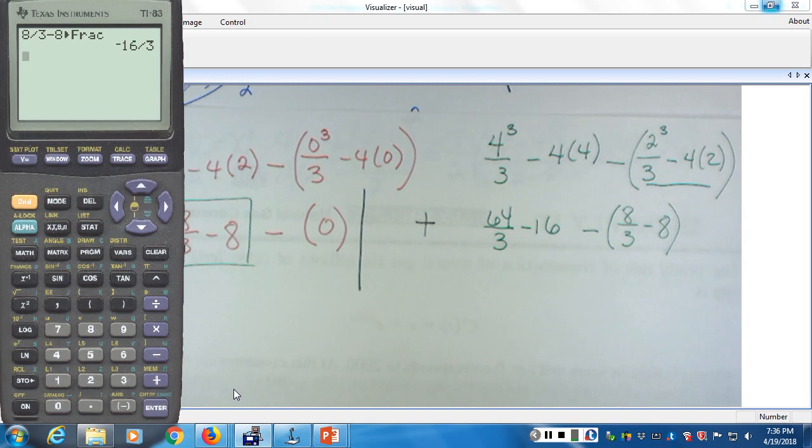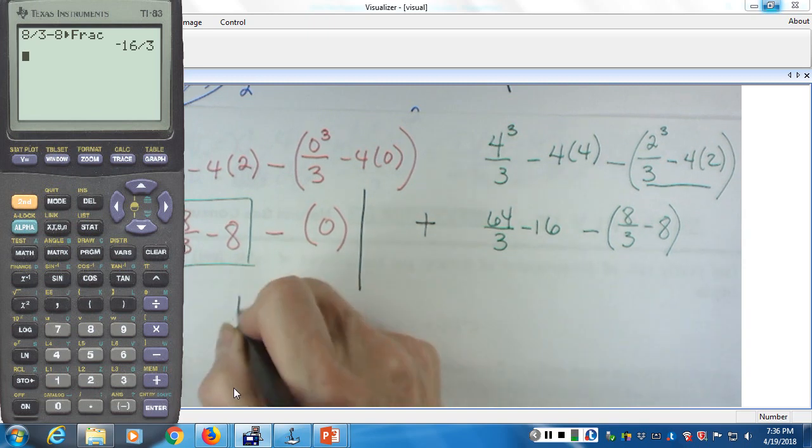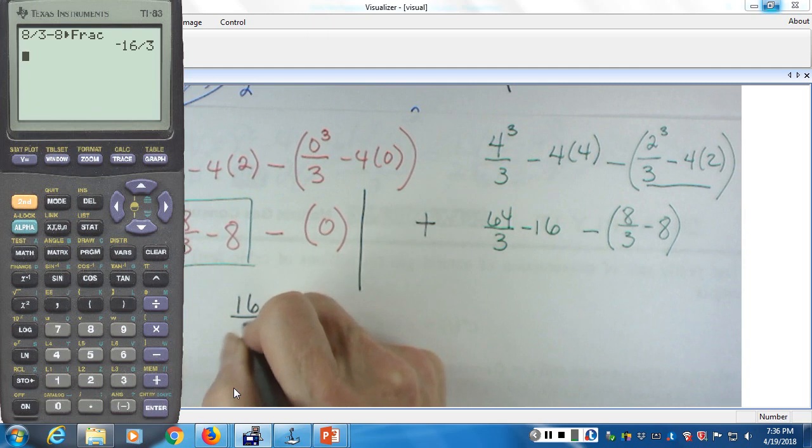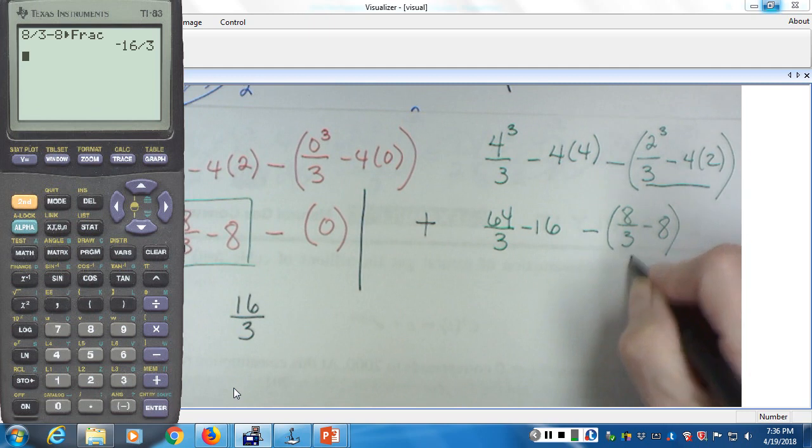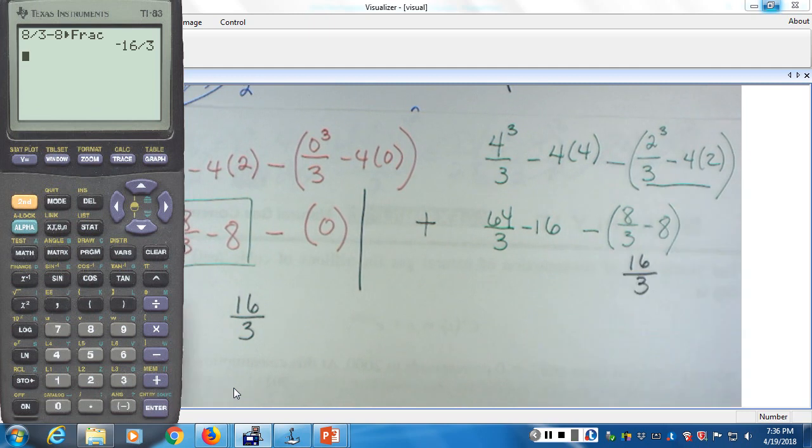That's negative 16/3, which means it's going to be positive 16/3 after I take the absolute value. And then this is also 16/3. And that's positive 16/3.